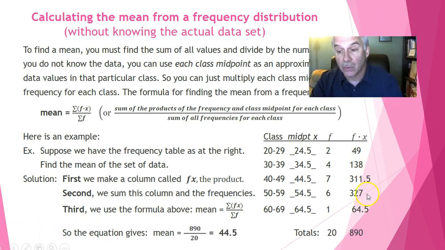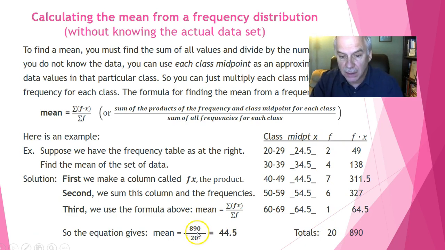Once you get the FX column, you add it up, and I got 890 for the sum of that FX column. And then you also sum the frequency column, and you get 20.